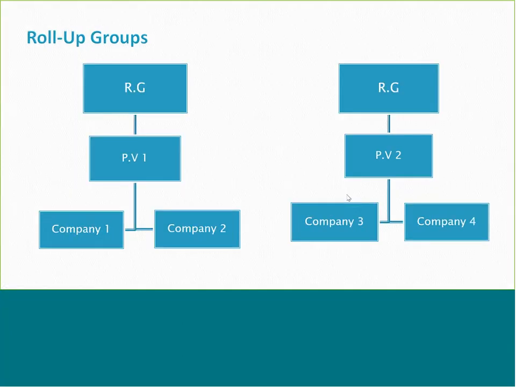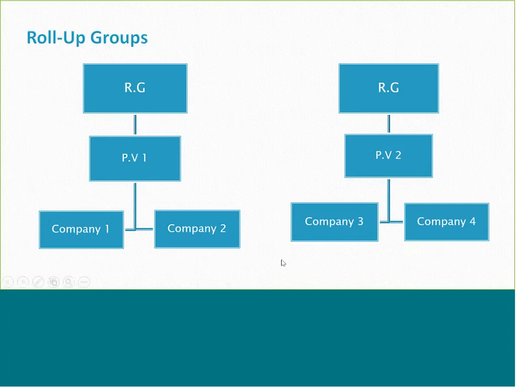We can have another scenario where the same enterprise wants to do inquiries at another level. So maybe they want to do inquiries just for these 2 real estate companies, and then they want to do inquiries again for these 2 design companies. So as a consultant, what are you supposed to do to enable them to meet this need?